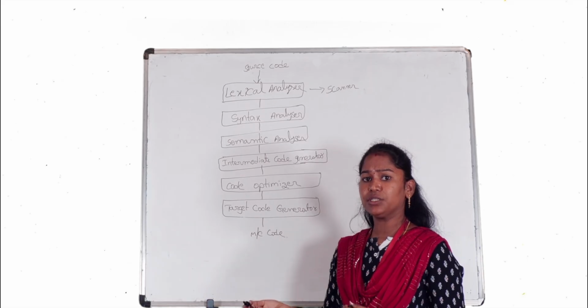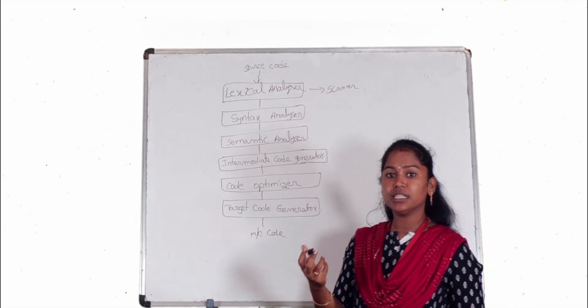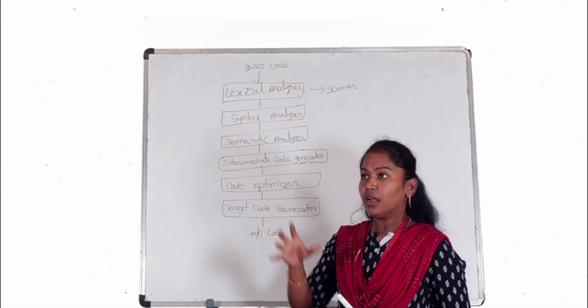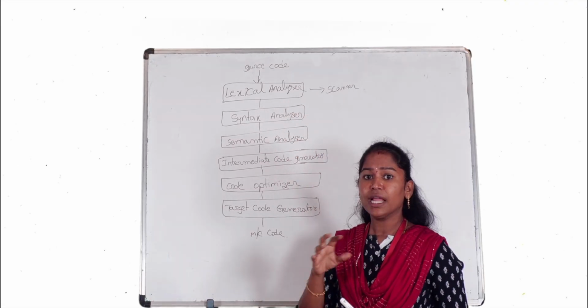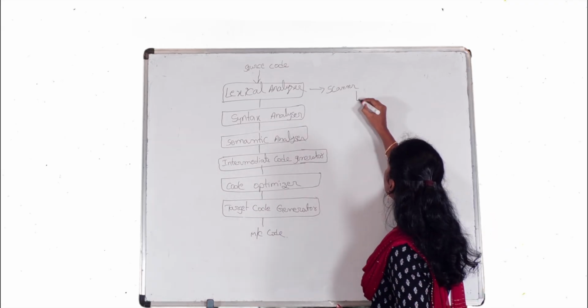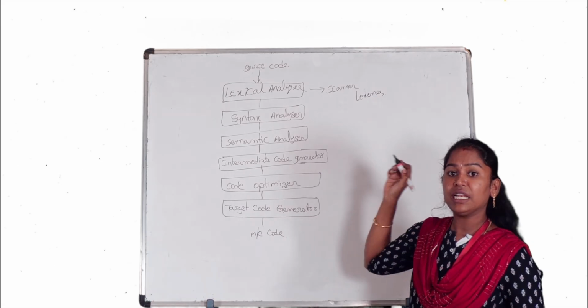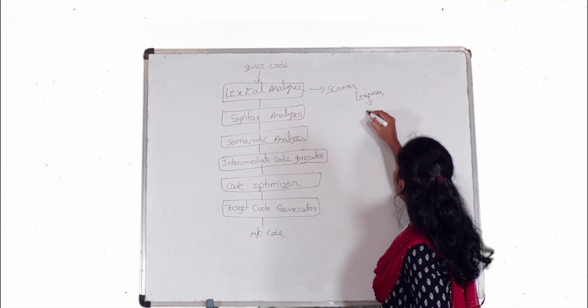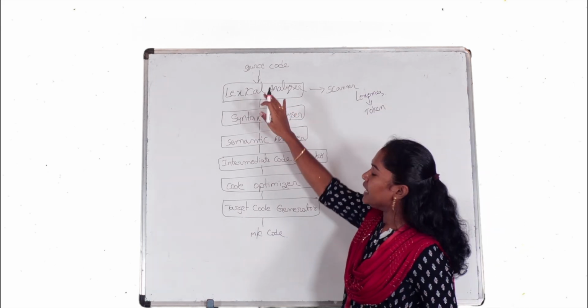Before generating the tokens, it will scan every word in the source program. After reading the input from the source code, it will arrange meaningful sequences that are called lexemes. Every lexeme can generate a token. So that is the role of lexical analyzer.